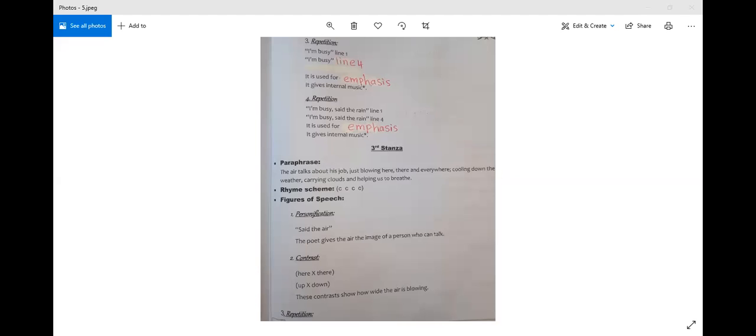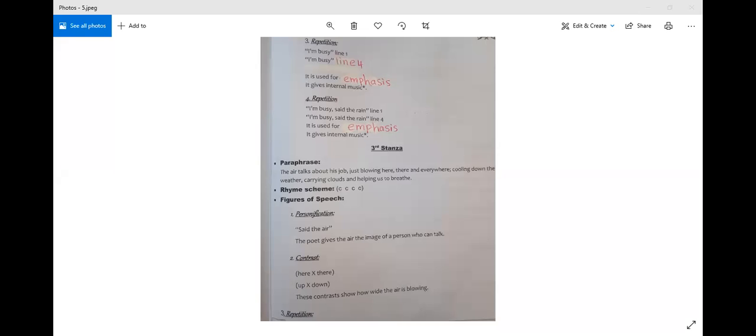Do we have a repetition? Yes, I am busy. This is incorrect in the booklet, so we need to correct it with me right now. It's line number 1 and line number 4.